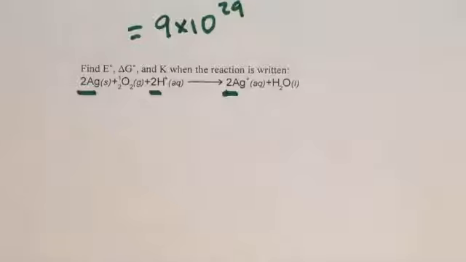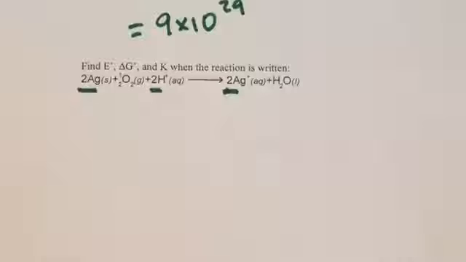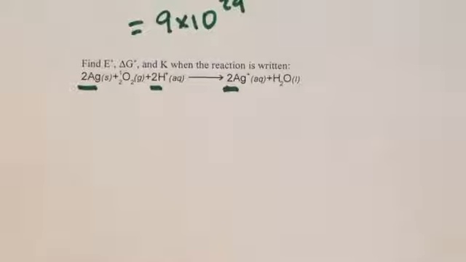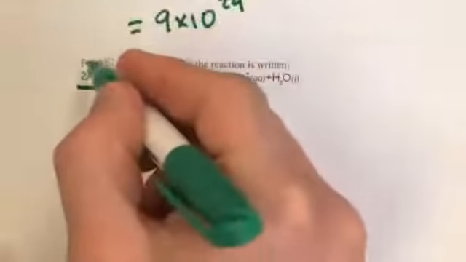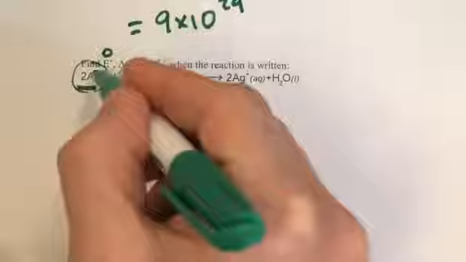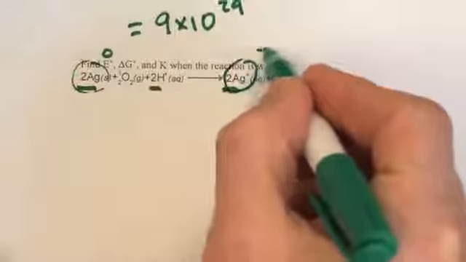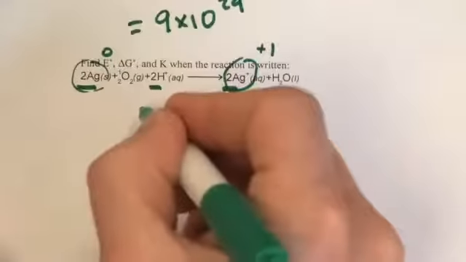So I'm going to go step by step through this, and if you want to skip through how to find the EMF of the cell, you're certainly welcome to do so if you know how to do this already. But the first thing we need to do is write the half reactions, and you'll notice silver is 0 charge here, and it's positive 1 right here, so that's the thing that's oxidized.